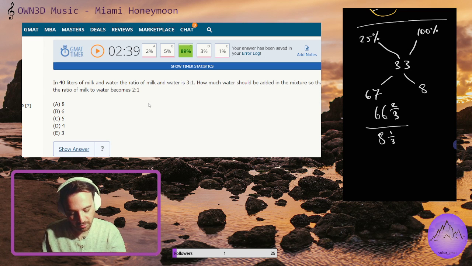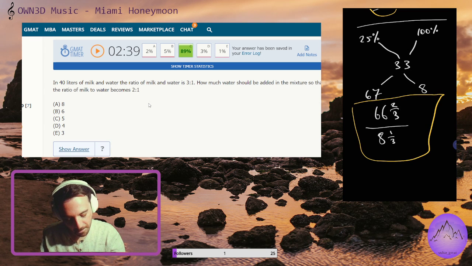That's essentially the ratio that we're talking about here.